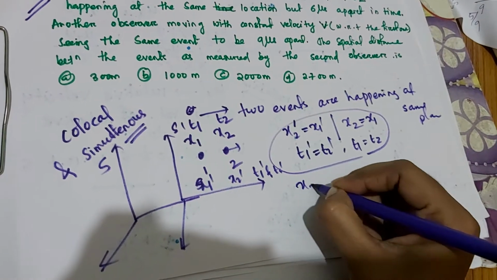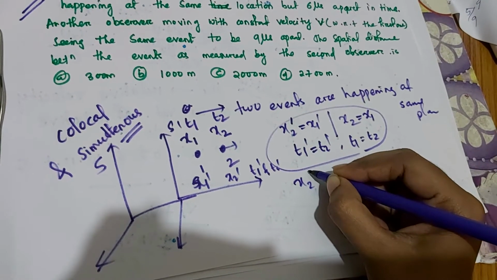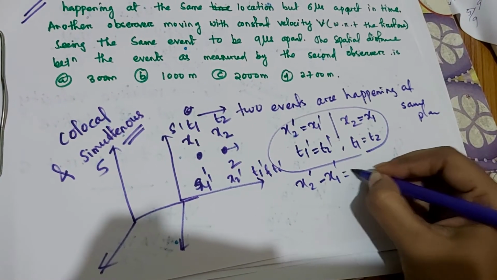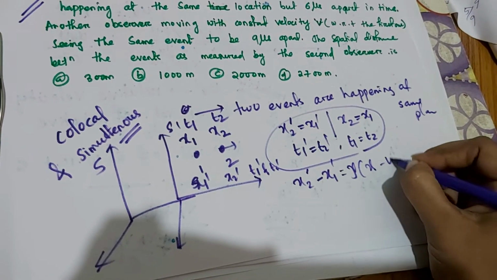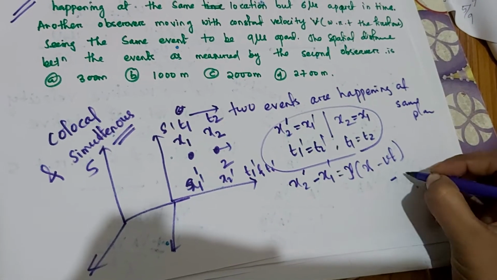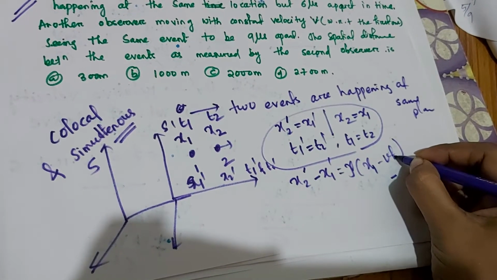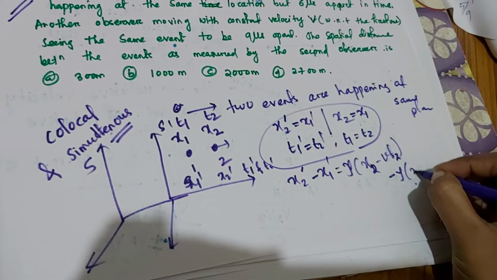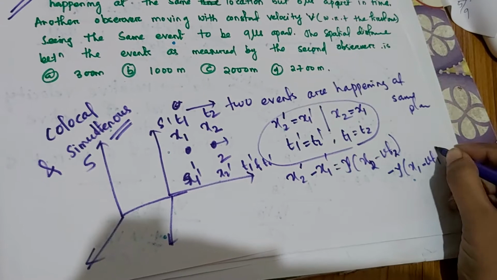So if we consider x2 prime minus x1 prime, we will get gamma (x2 minus v t2) minus gamma (x1 minus v t1).